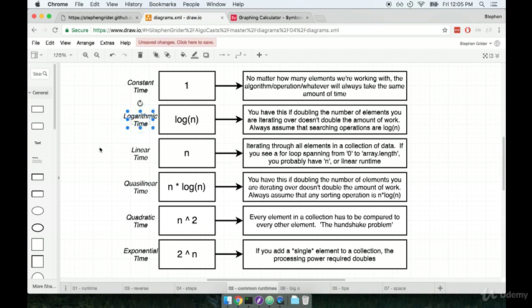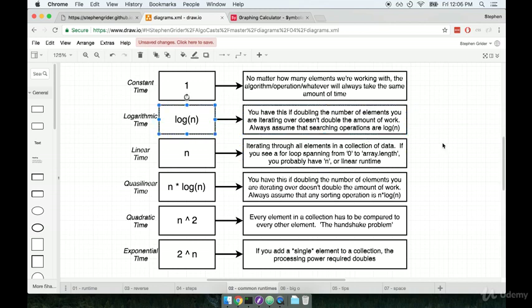The next one is logarithmic time. So log right here stands for logarithm. It's like the math term, taking the logarithm of a number. We will have a runtime of logarithmic time if we double the number of elements that we are working with, but that doesn't exactly double the amount of work that we have to do.